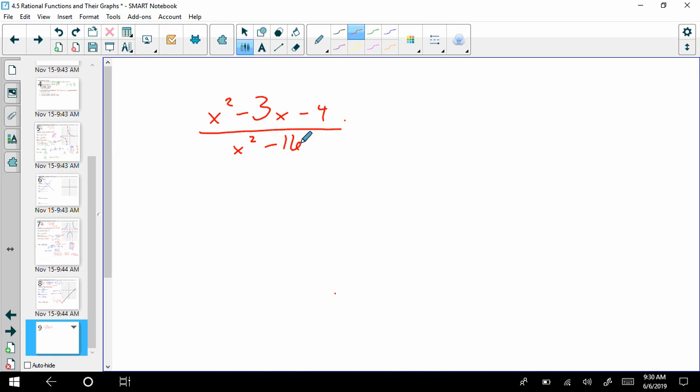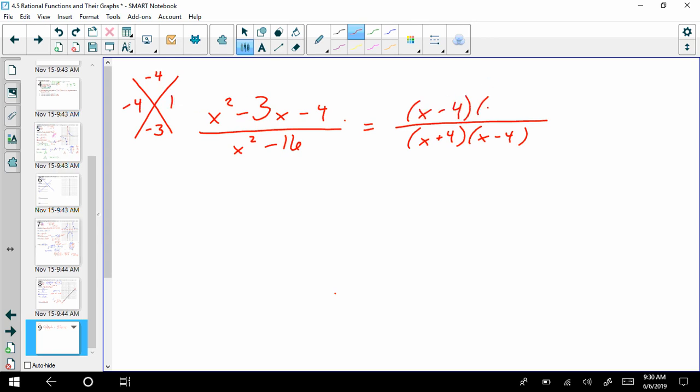I would like us to factor this out first. So I know the bottom is the difference of squares. That's going to be this. The top, if I quick factor it, I want to multiply to -4 and add to -3. So I can see that my x minus 4s would cancel.